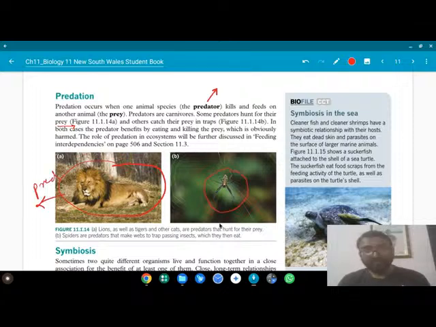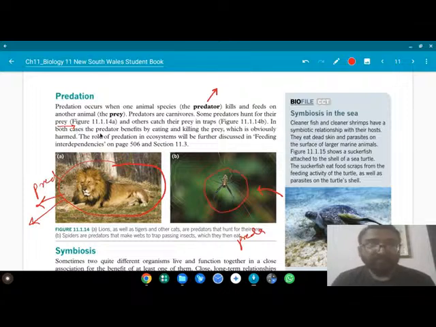This is also prey and predator, but their rate of killing prey is different. Here, when prey comes into the trap, it will attack, but this predator goes and attacks the prey, so that kind of difference is also there. So predators are carnivores. Some predators hunt for their prey, and the others catch their prey in traps.